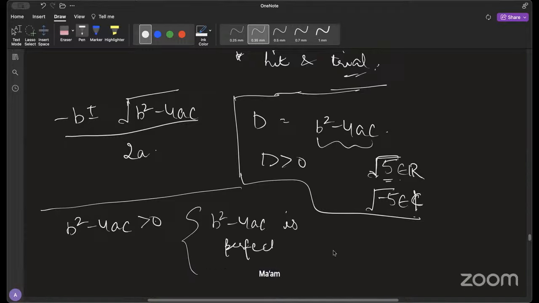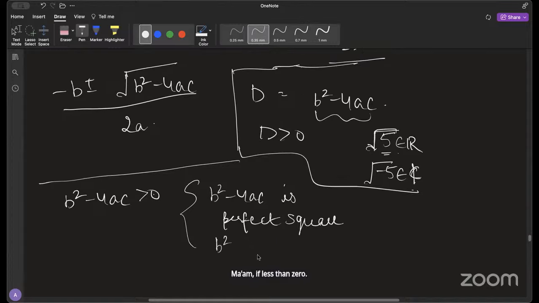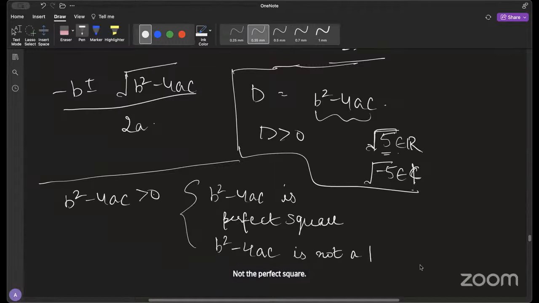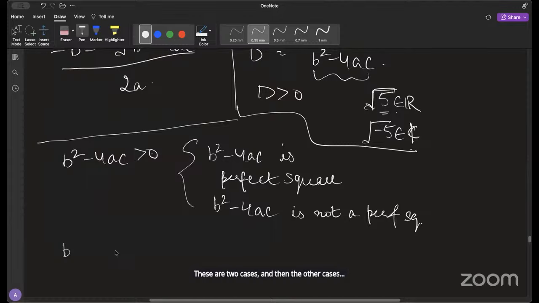Ma'am, what if it's less than 0? Yeah, we'll come to that later. First, let's discuss this. The other case is when b square minus 4ac is not a perfect square. And then the third case is when this is less than 0.